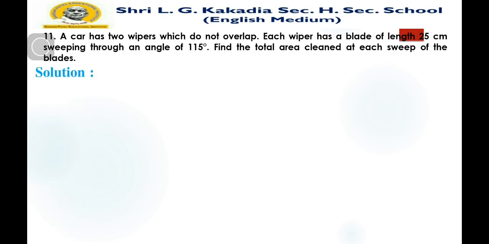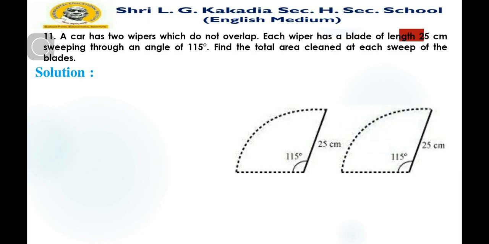So here you can see two blades of 25 centimeter length, and each swept an angle of 115 degrees, as you can see in the figure. The areas swept are similar to the area of a sector. So we find the area of this sector and multiply by 2, so we can find the area swept by the two blades.